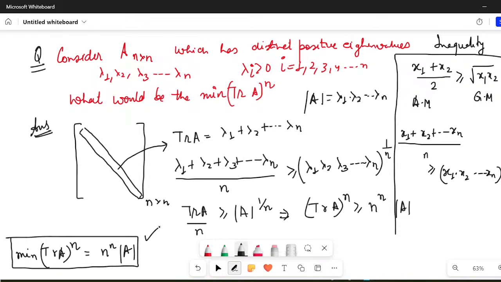Please let me know if there is a problem with this question. But if there's no problem, then I can move a little bit more.